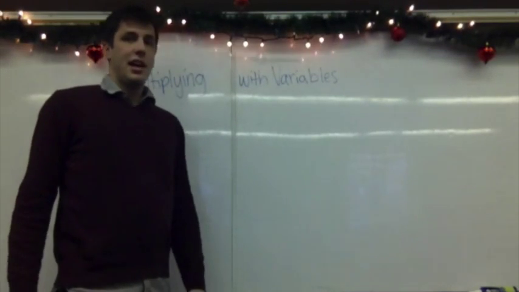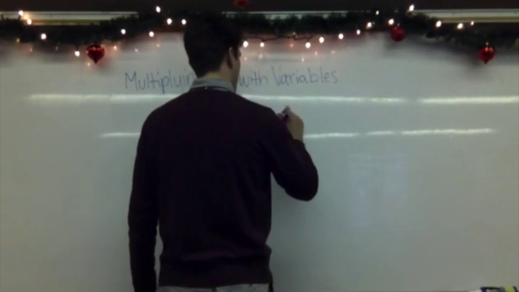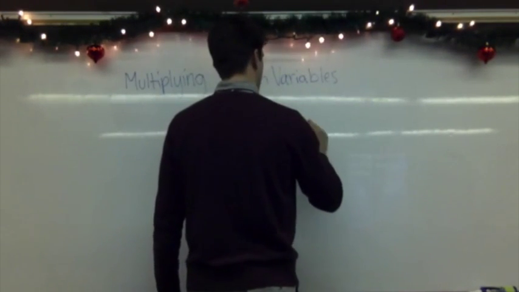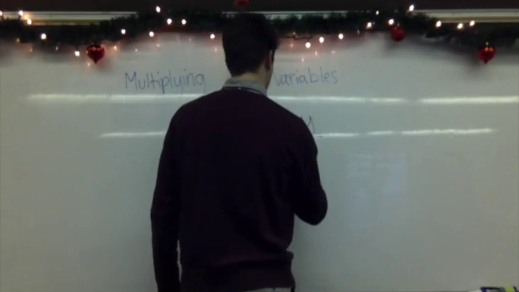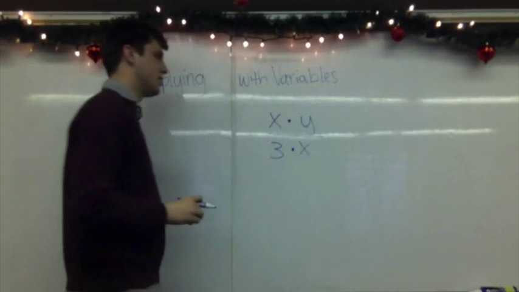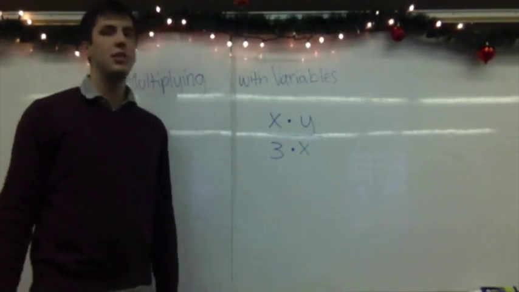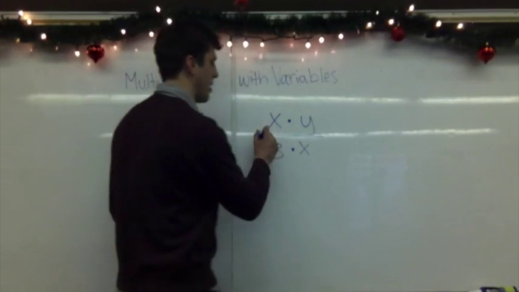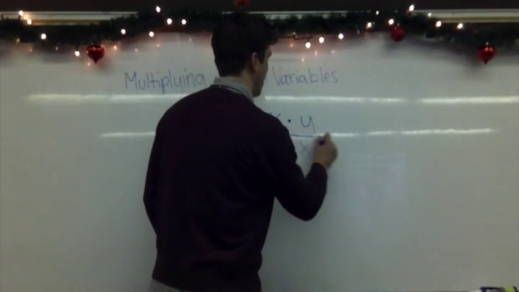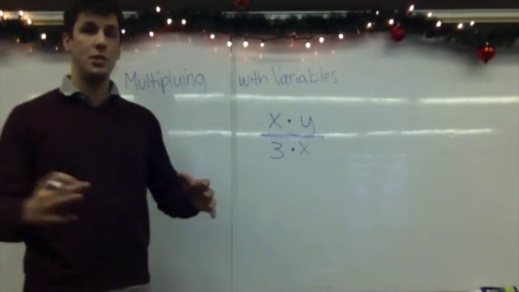All right, and now let's try something with division. So suppose you have an equation x times y divided by 3 times x. Don't forget that when you have a large dividing by symbol, the top and the bottom are grouped.